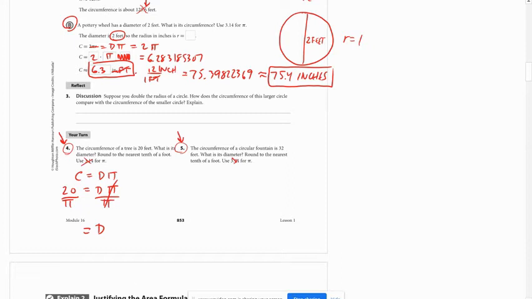For 20 divided by pi, you use the pi button on your calculator again instead of 3.14. We always use the pi button. So 20 divided by pi is 6.366197724. Rounding to the nearest tenth, we get that our diameter is approximately 6.4 feet.